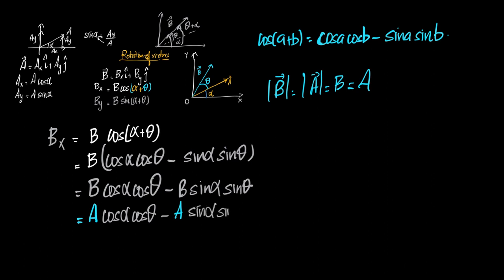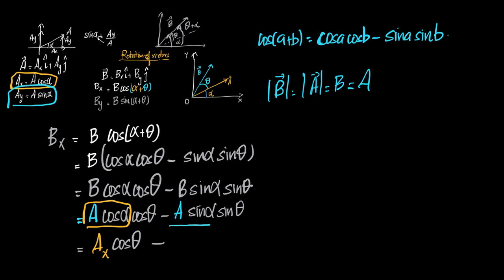Further, see, ax is equal to a cos alpha. So instead of a cos alpha here, I can write ax. So this becomes ax cos theta minus, see, ay is equal to a sin alpha, so instead of a sin alpha, I can write ay.